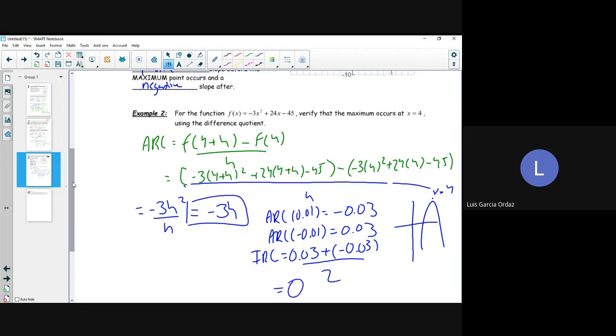Okay, which means that at x is equal to 4, we do have a maximum value.